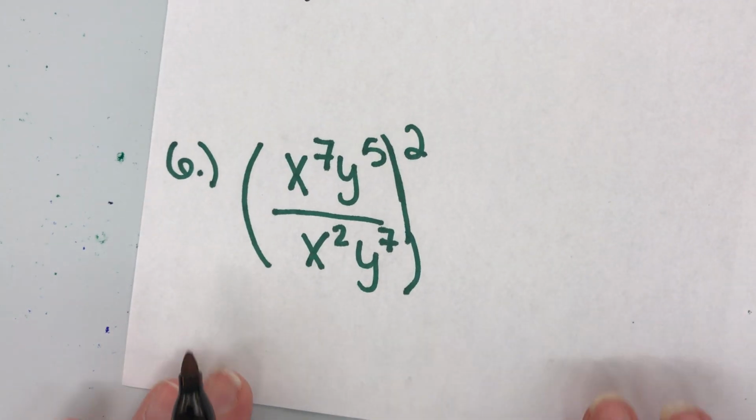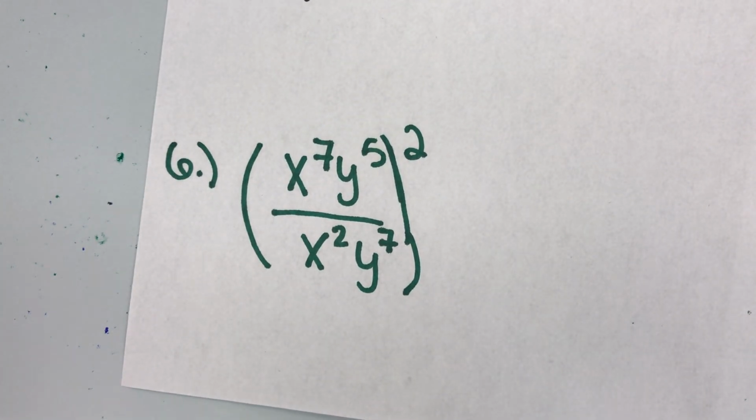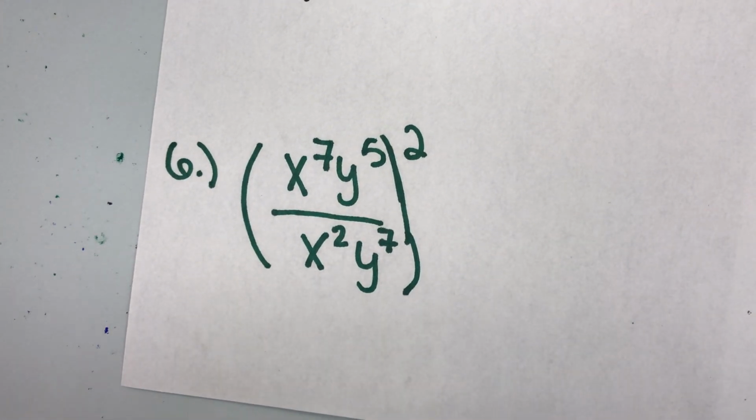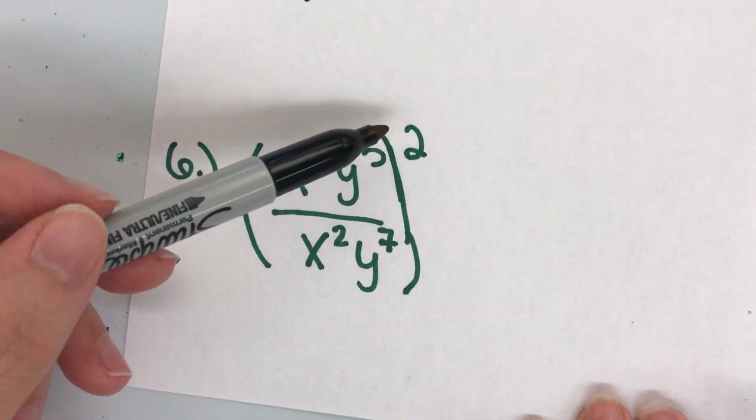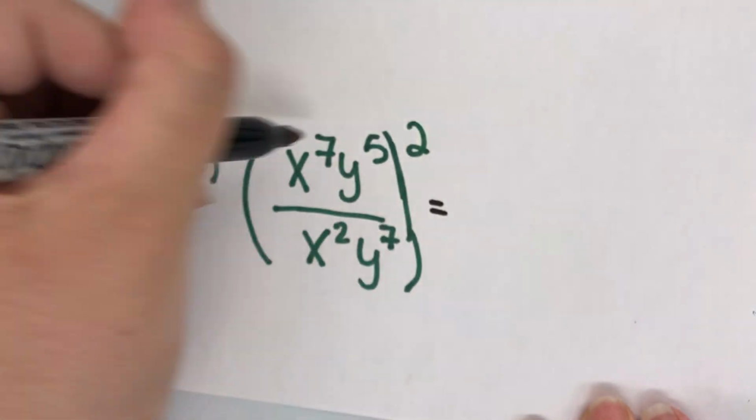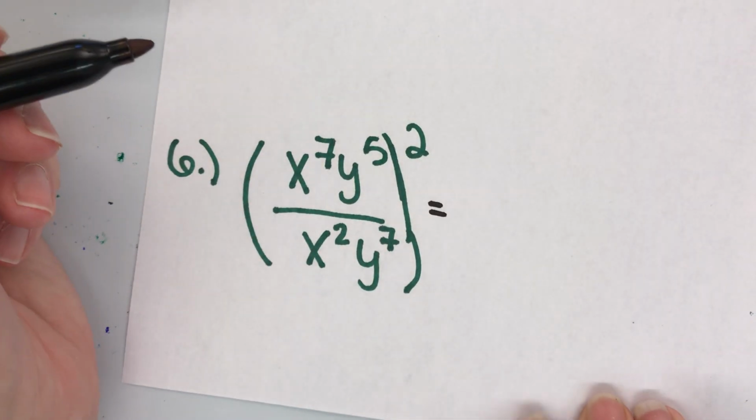Now let's take another look at one that uses multiplication of exponents and subtraction of exponents. Now, before you do the exponent on the outside, PEMDAS is involved here. So I personally would simplify everything I can on the inside.